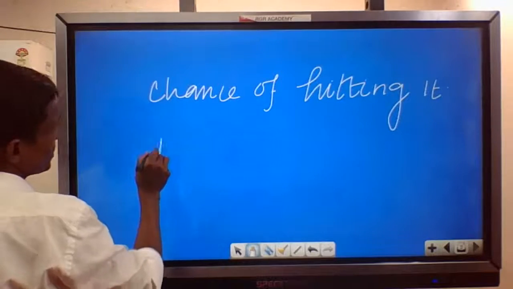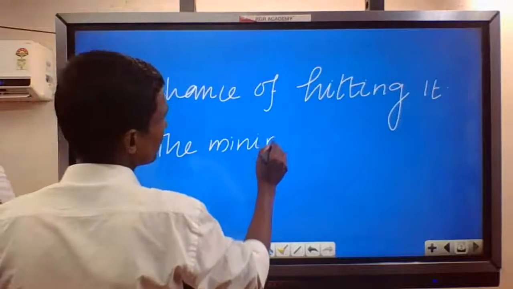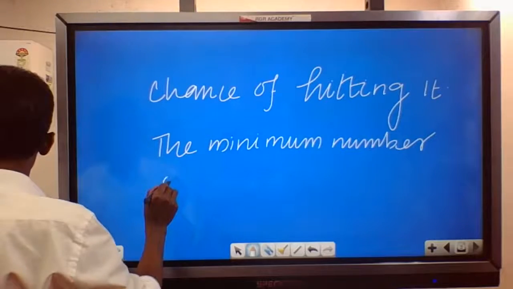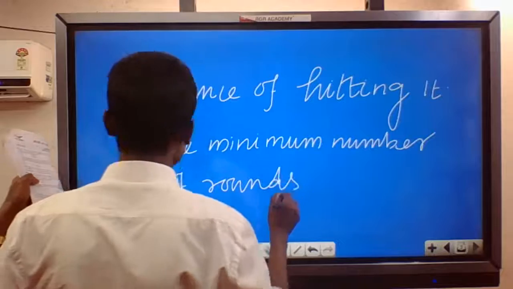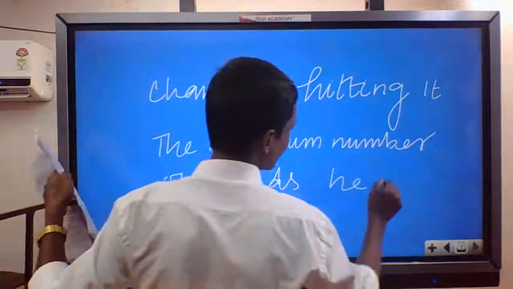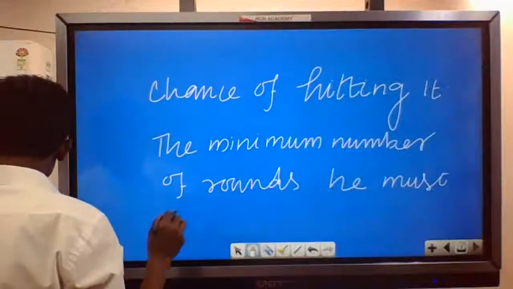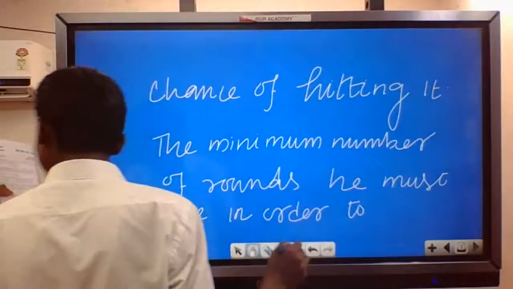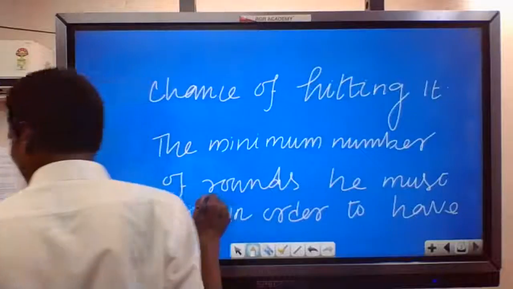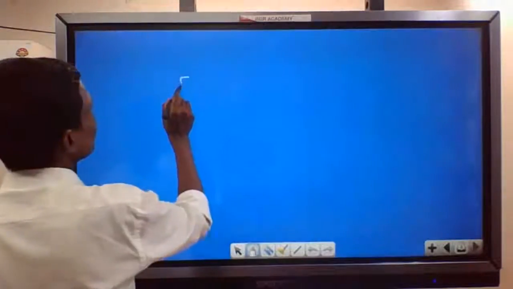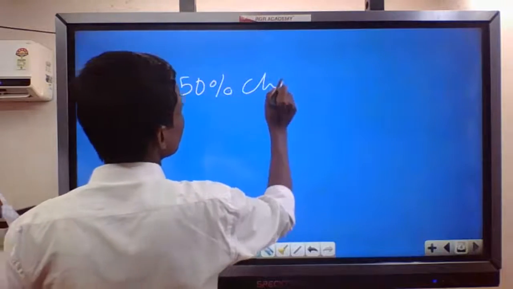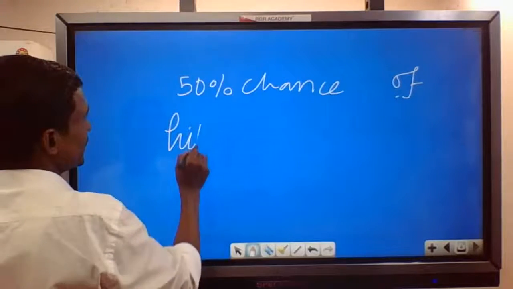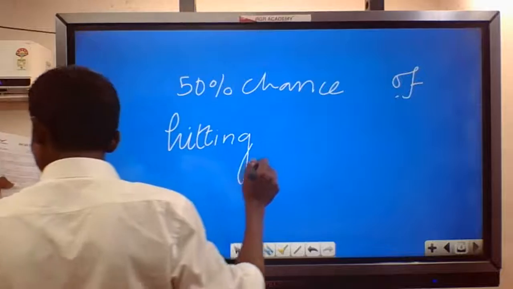What is the minimum number of rounds he must fire in order to have a 50% chance of hitting at least once?